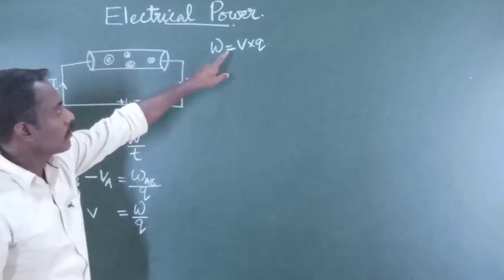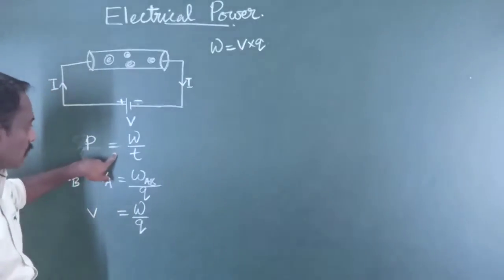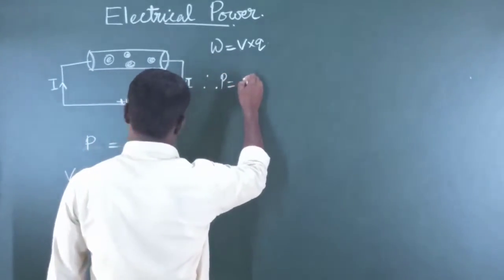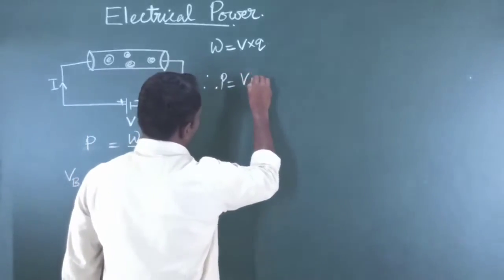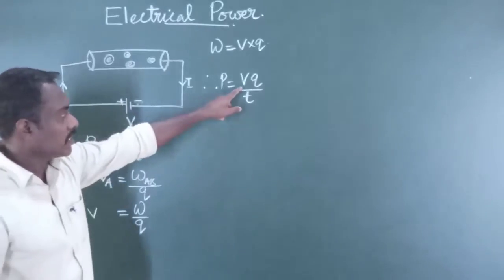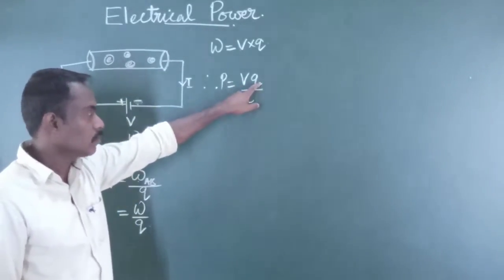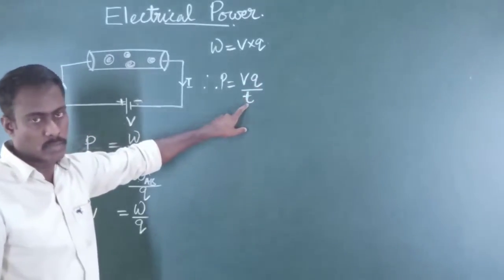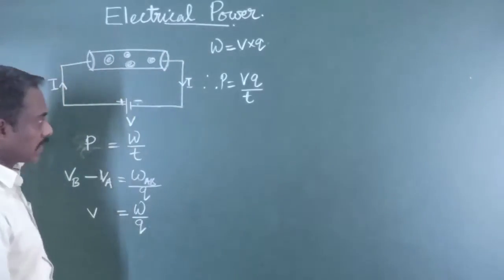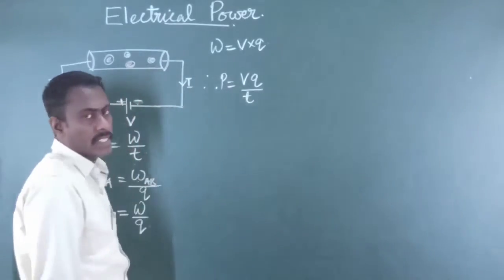We can substitute this value of W in the equation for electrical power. So we write P is equal to V into Q divided by time. In this equation, V is the potential difference, Q is the total charge moved, and t is the time taken to move the electrons from one end to the other end of the conductor. Now, what is Q by t?